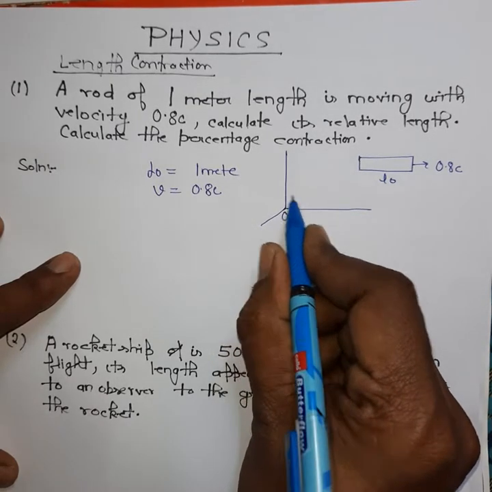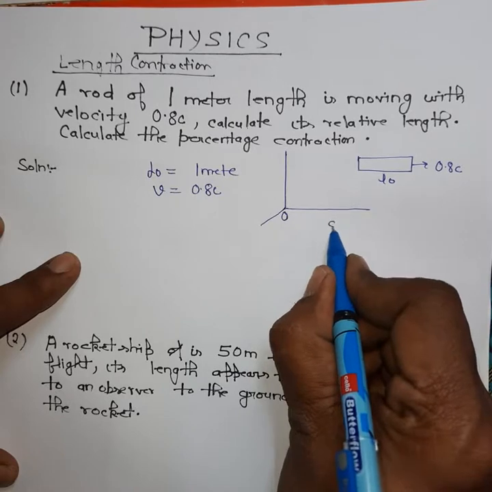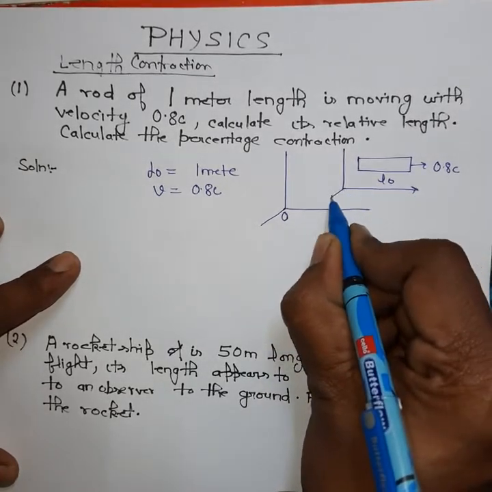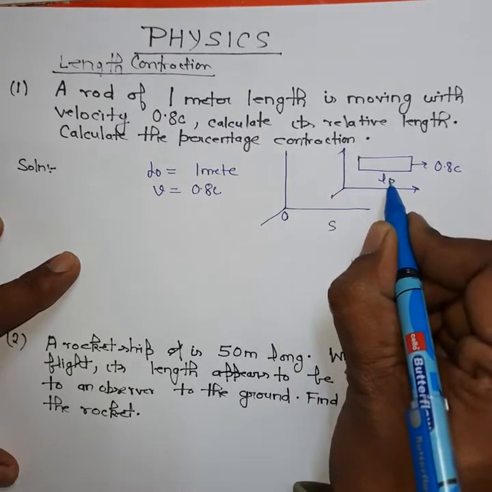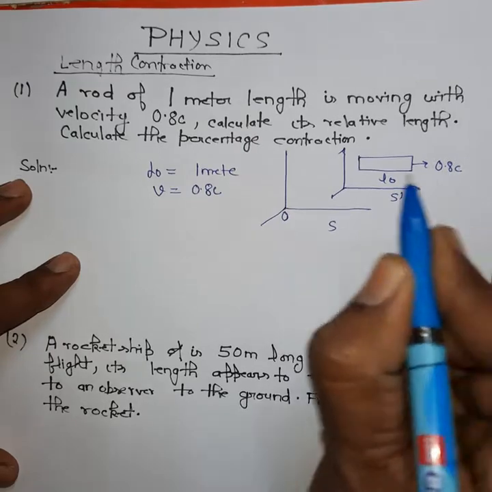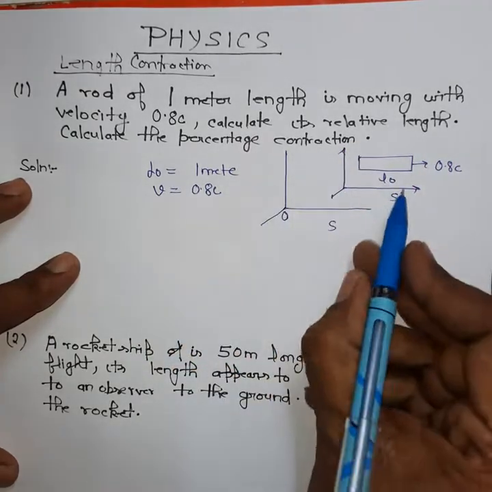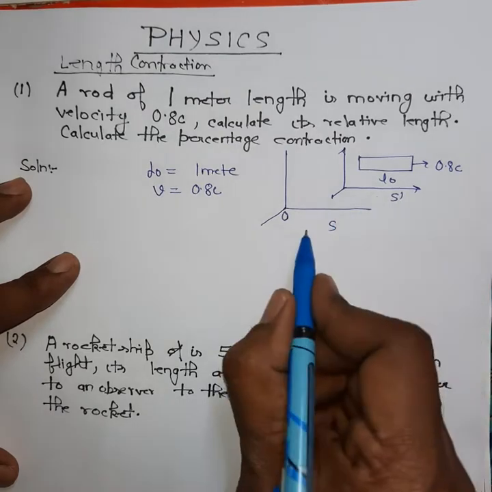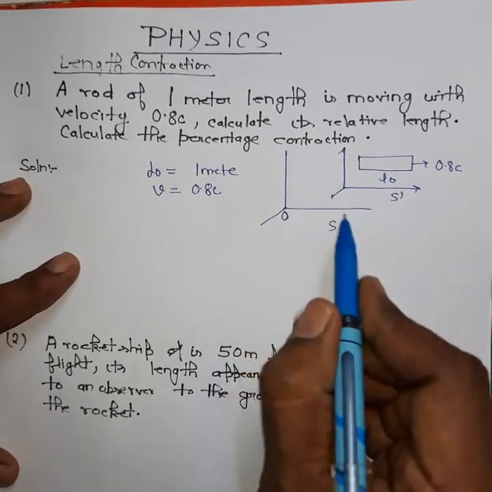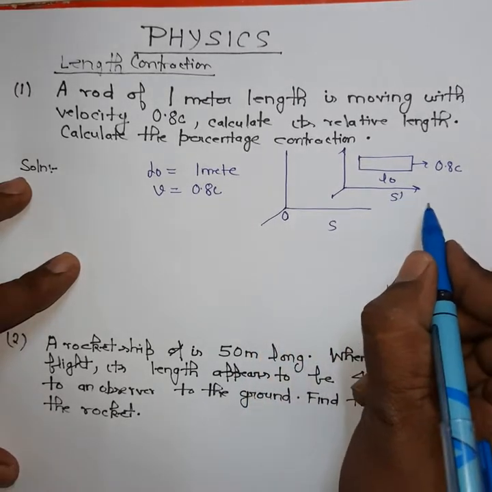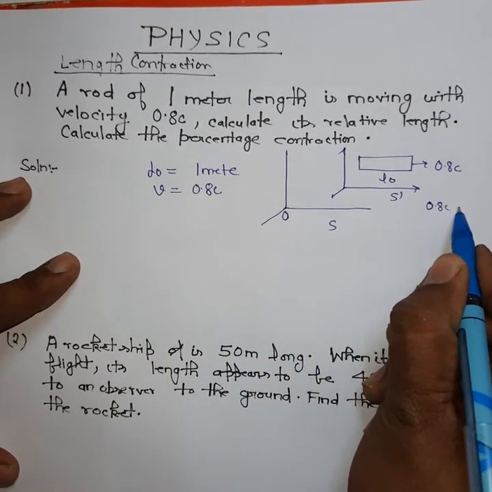Suppose this is a frame of reference, S, and another frame of reference is associated with this rod. You can assume that this rod is at rest in the S dash frame of reference, and you have to calculate its length in the S frame of reference. So S dash is moving with velocity 0.8 c.